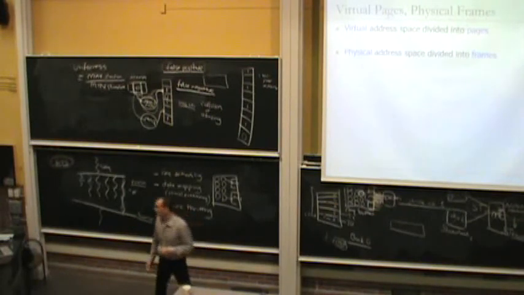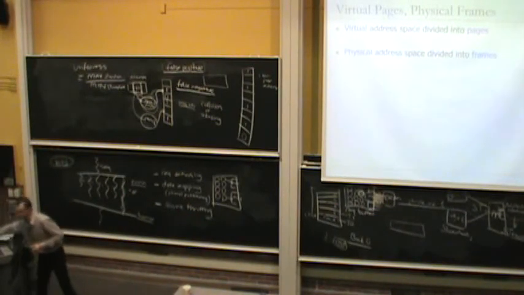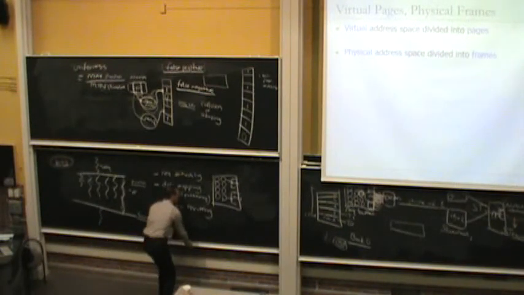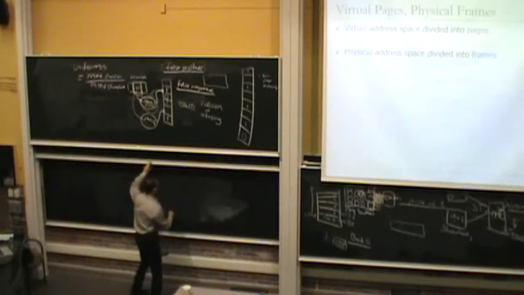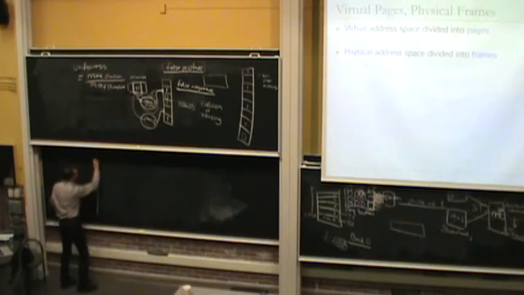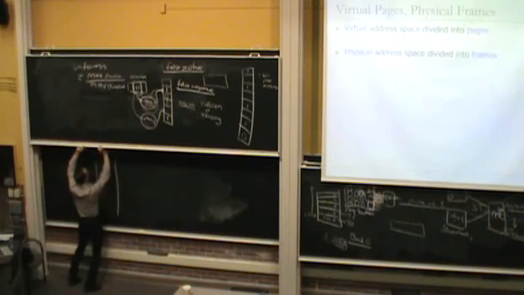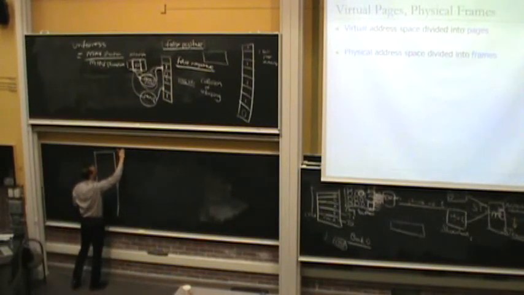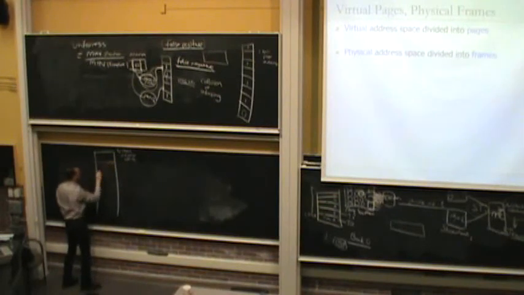So how does this work? Essentially, you have virtual addresses generated by the program, and you have a virtual address space based on that. Right? That's specified by your ISA. So if you look at your main memory, as your program sees it, you have a virtual address space. And this virtual address space is divided into what are called pages.